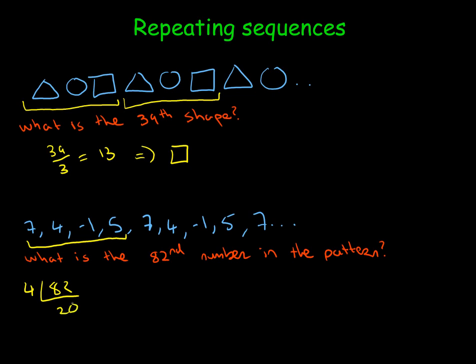So that goes in 20, remainder 2, and the remainder means it's the second term in the sequence. Remainder 1 will give you 7, remainder 2 will give you 4, and so on. If there's no remainder, it's the last term, 5, and remainder 3 is minus 1. Because it's remainder 2, it's the second term of the sequence, so it's equal to 4. So the 82nd number in that pattern is equal to 4.